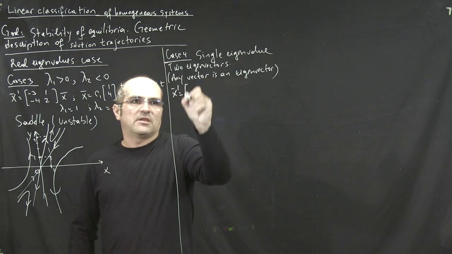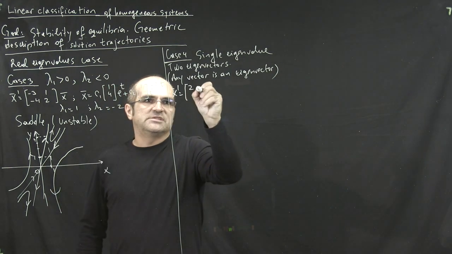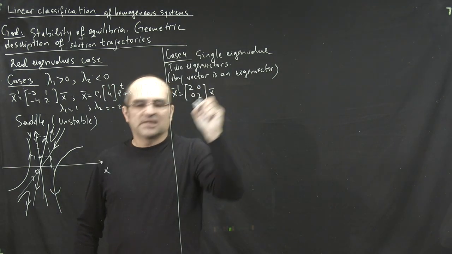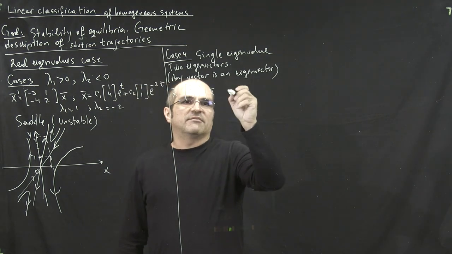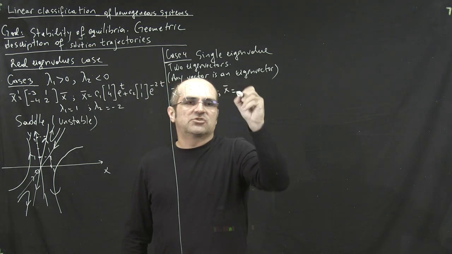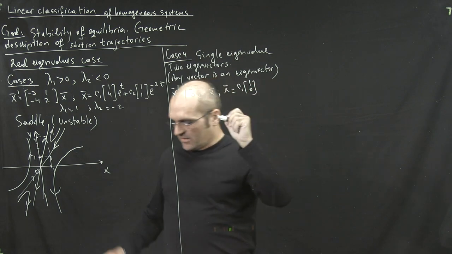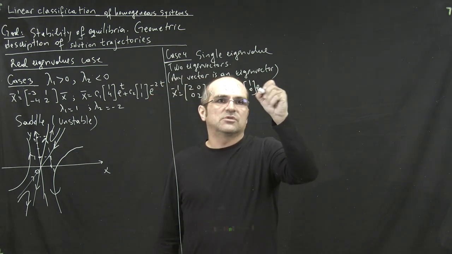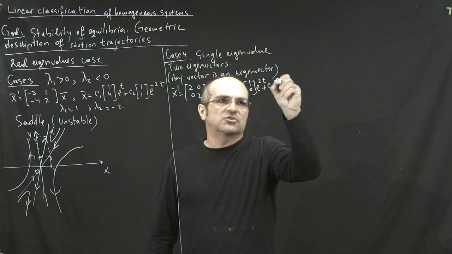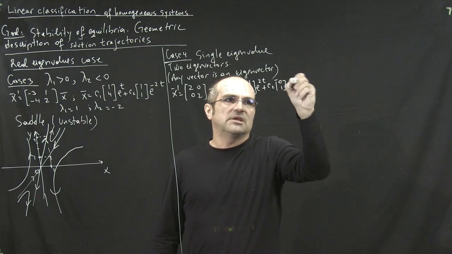So for example, the matrix, let's say it's 2, 0, 0, 2. This is the case when you have a single eigenvalue but 2 eigenvectors, like the eigenspace is given by 2 independent vectors: c1 (1, 0) e^(2t) plus c2 (0, 1) e^(2t).